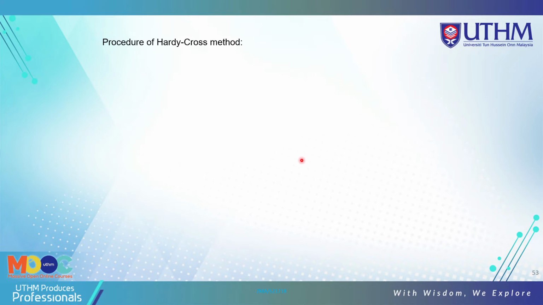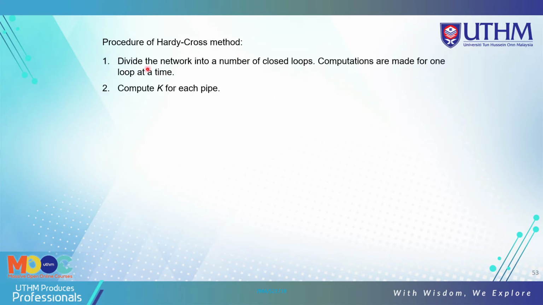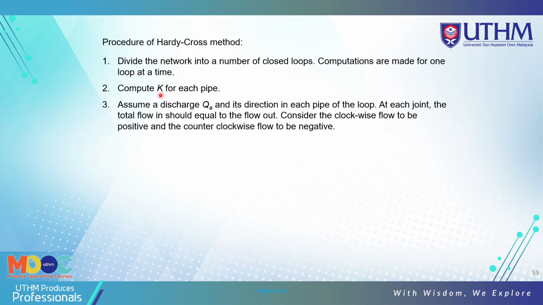So, the procedure of the Hardy-Cross method. First, you must divide the network into a number of closed loops. Computations are made for one loop at a time. Compute K for each pipe, and assume a discharge Qa and its direction in each pipe of the loop. At each junction, the total flow in should equal the flow out.